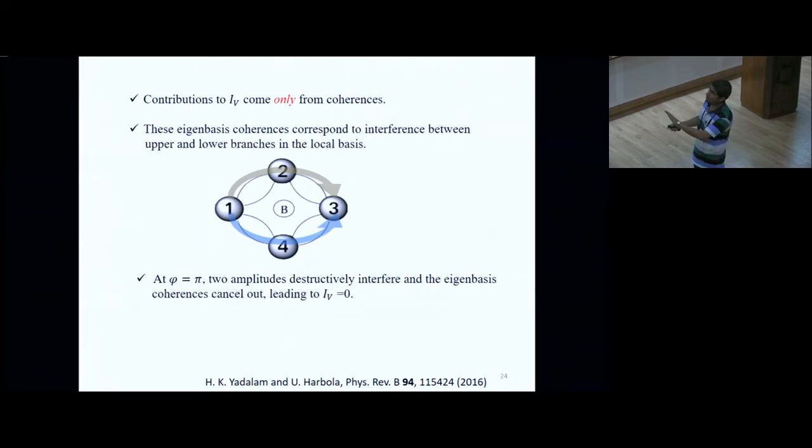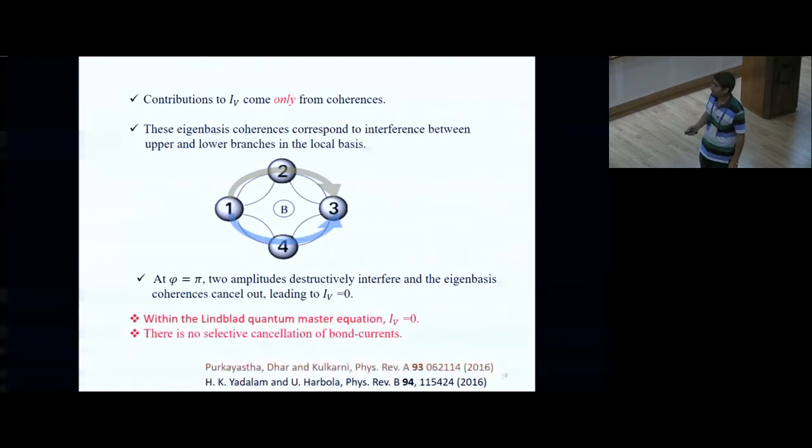I'm just talking about IV now, the voltage-driven current. This current has contribution only because of these coherences, or interference between 1 and 3. At phi equals pi, IV also becomes 0 because, and it's a bit complicated, these two pathways interfere destructively. So I phi is 0 because of the degeneracy, and IV is 0 at phi equals pi because these two pathways interfere destructively.